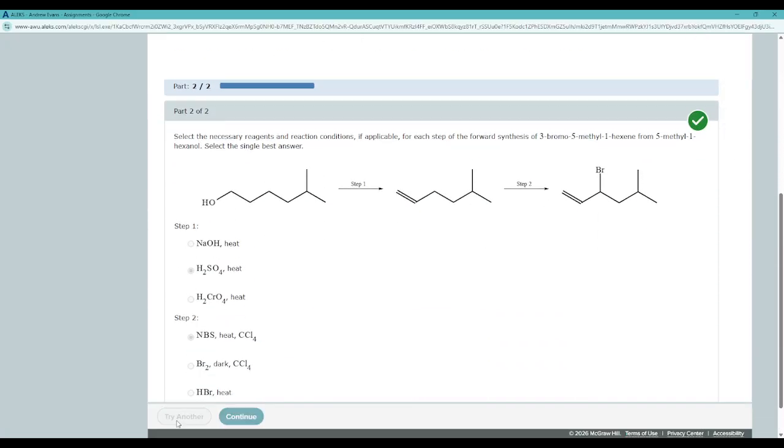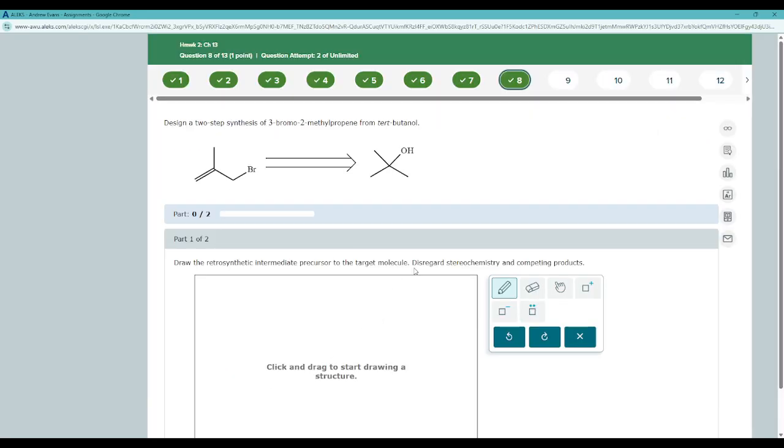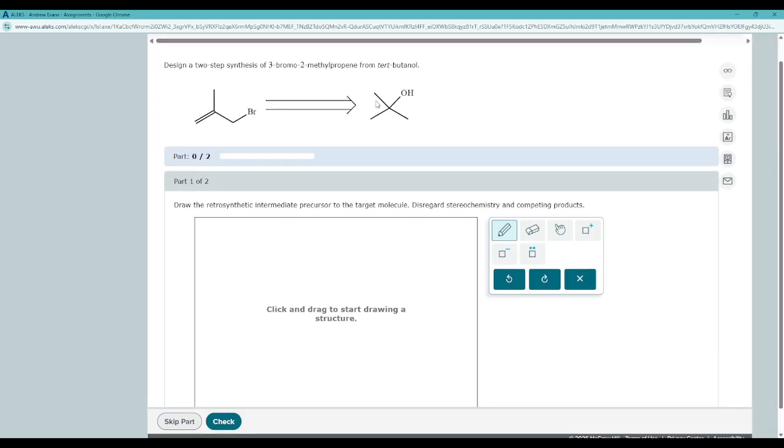So let's try another one of these. Looking at this, we have a 4-carbon tertiary alcohol. Actually, yes, it's 4-carbon, 1, 2, 3. It goes into a 4-carbon alkene. Same thing. We're going to form an alkene first.